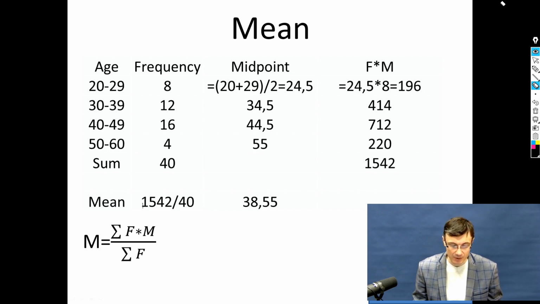After this, you calculate the mean of your whole sample by dividing the sum of frequency multiplied by midpoints by all the frequency of the sample, as you see in the formula below.